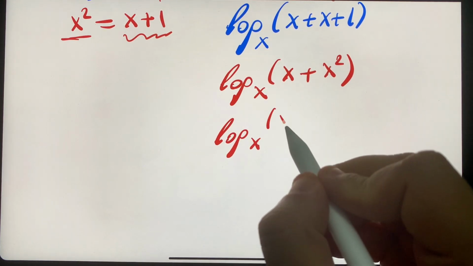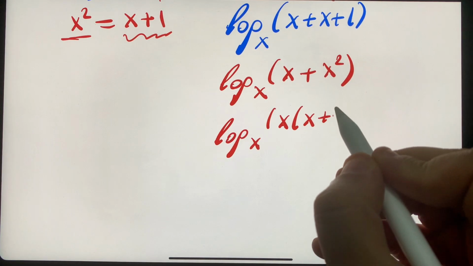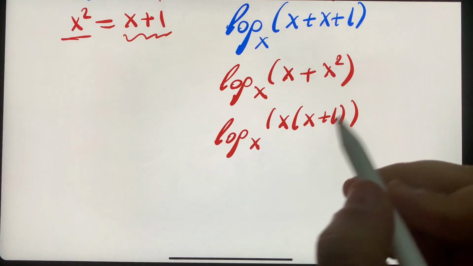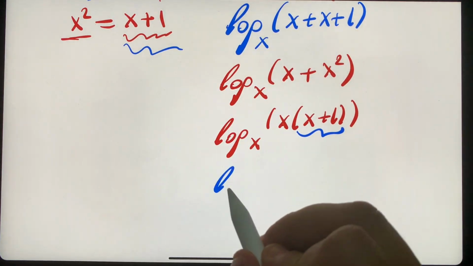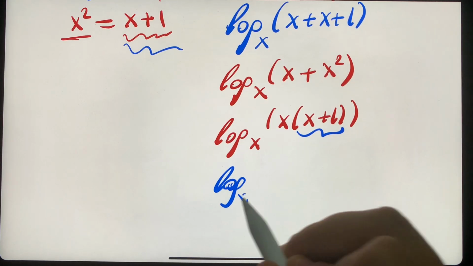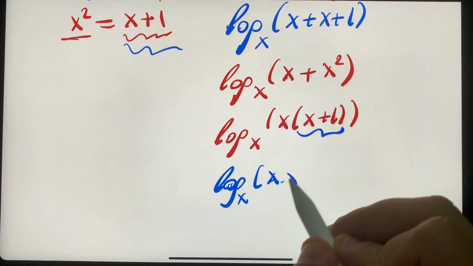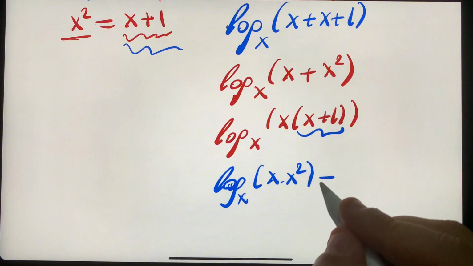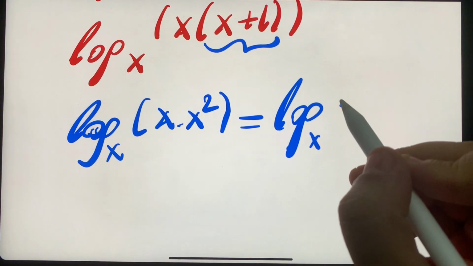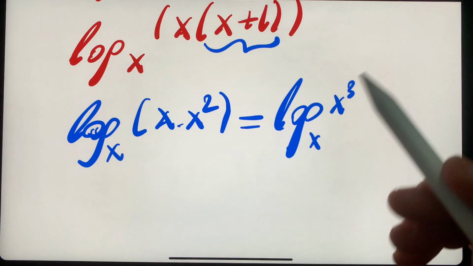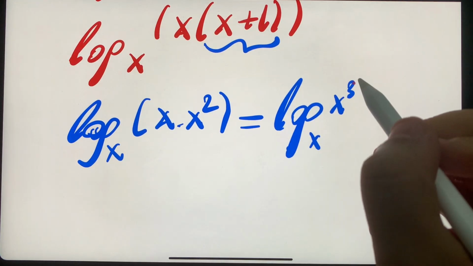Look up, I got the x bracket. What came here? x plus 1 is here. Please pay attention here. Again, what can I write where I see x plus 1? I can write x times x squared at base x. So what does this take me to? Logarithm of x cubed at base x. What can I say due to the feature of logarithm?